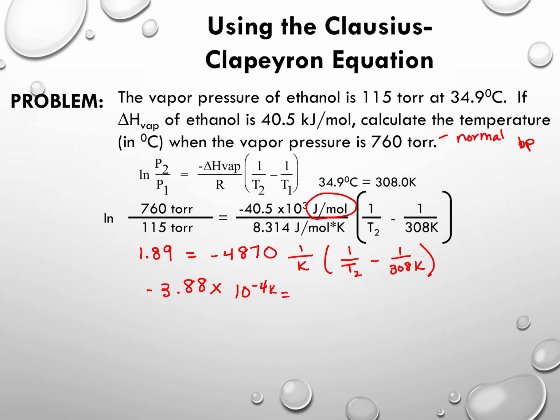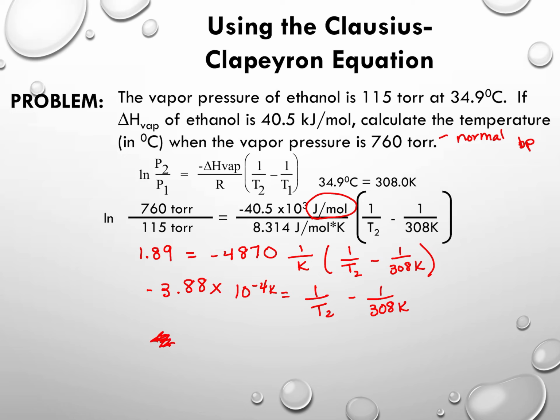But if you want, this has Kelvin, and we've still got 1 over Kelvin on the other side. So then I'm going to add 1 over 308 to both sides.